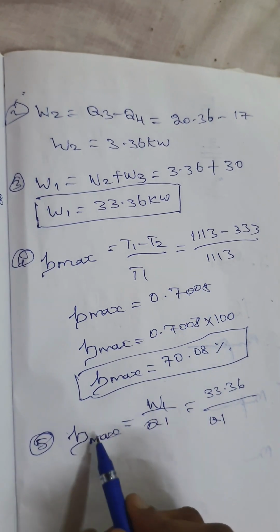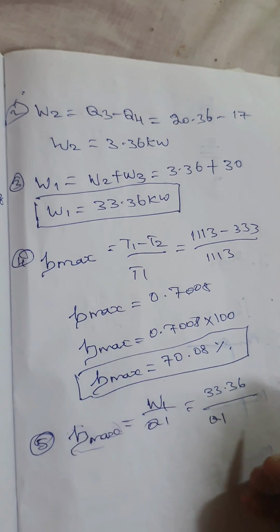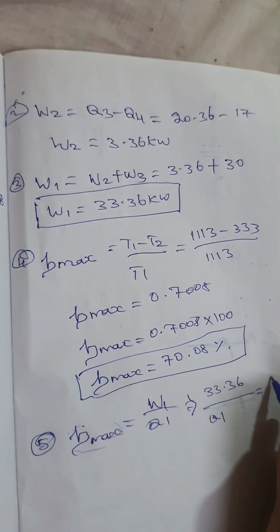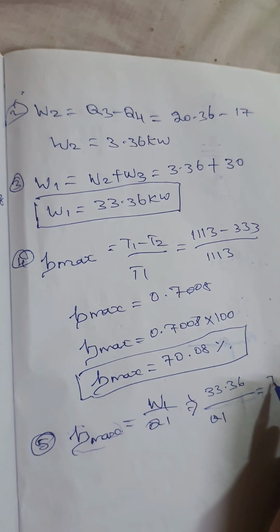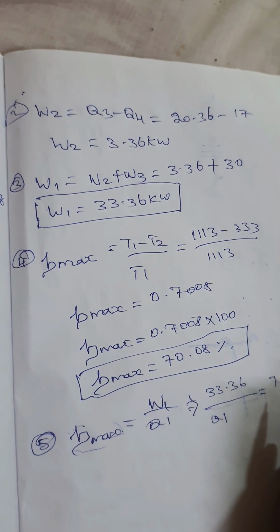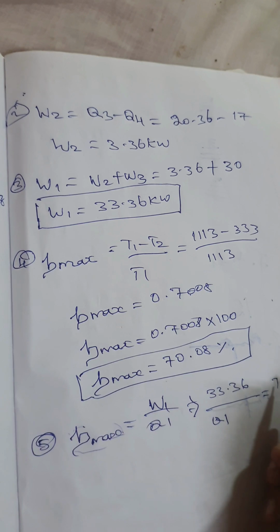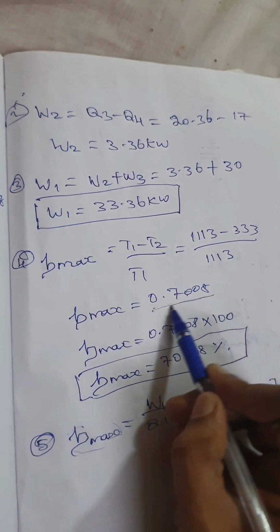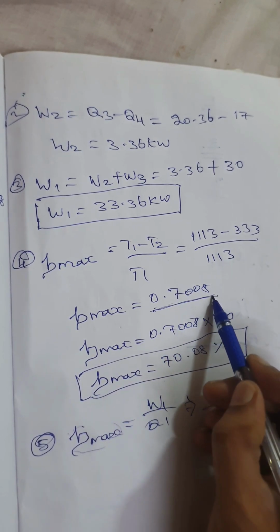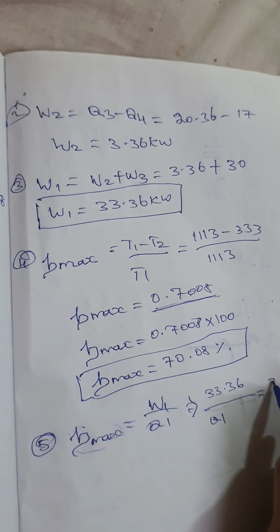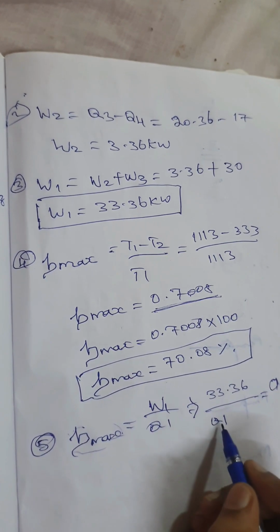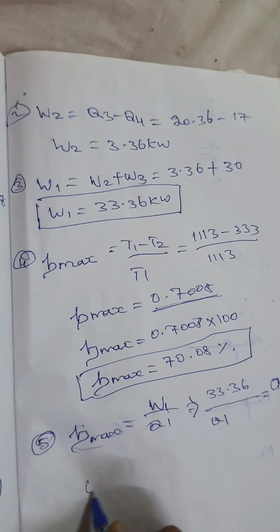Here we know the value of maximum efficiency, so put that value here. You should not put the percentage value; you have to put the decimal value, 0.7008.